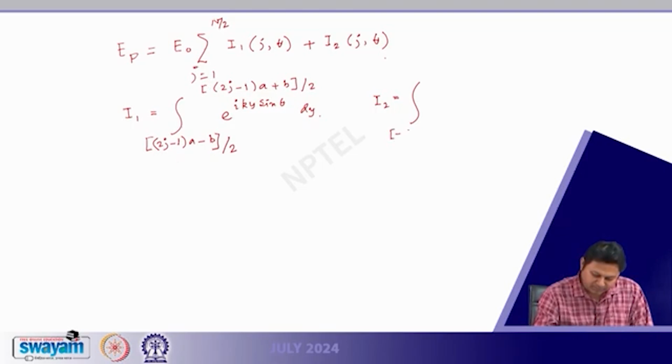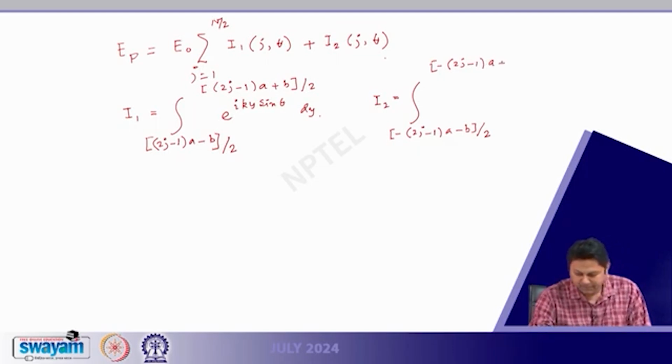So, the limits are minus of ((2j minus 1)a plus b) divided by 2 to minus of ((2j minus 1)a minus b) divided by 2, of e to the power of i k y sin theta dy.